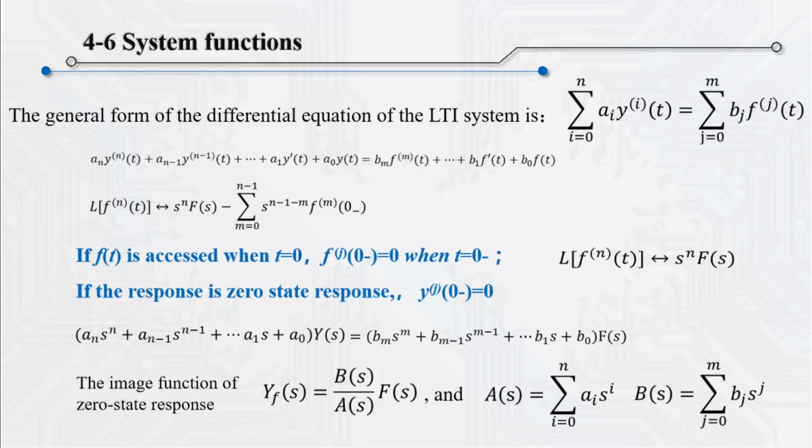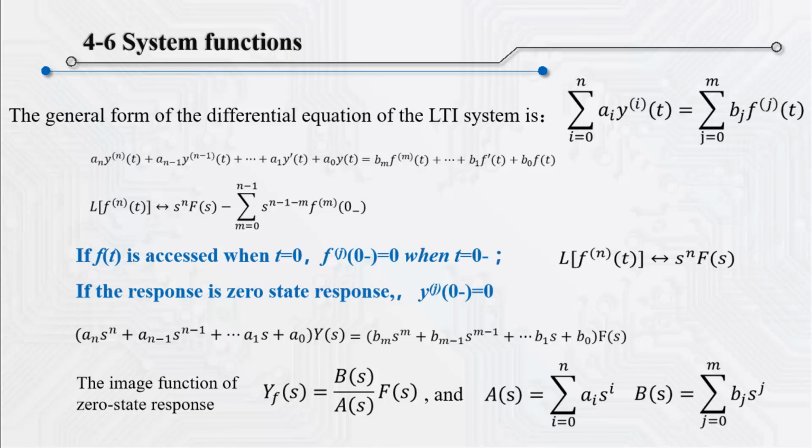So when t equals 0 negative, the derivatives of f at 0 negative are all zeros. If it is a zero-state response, then the derivatives of y at 0 negative are also equal to 0. At this point, the Laplace transformation of the n-order derivative of f(t) corresponds to s^n multiplied by F(s).